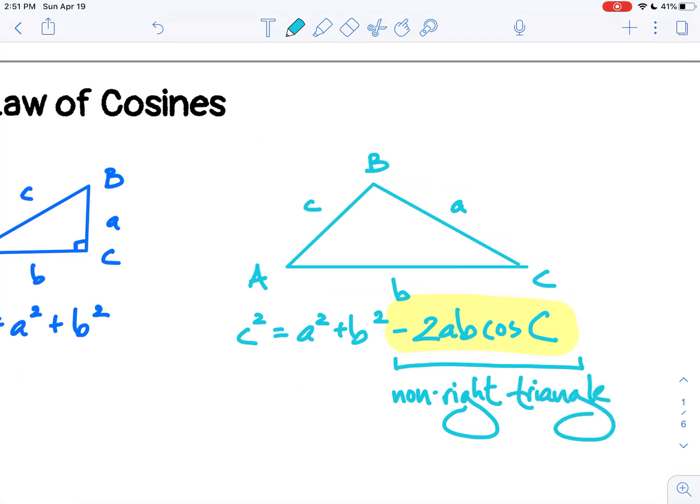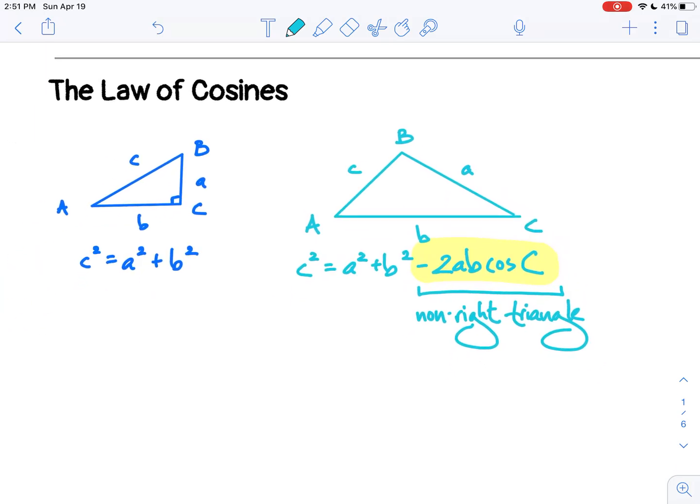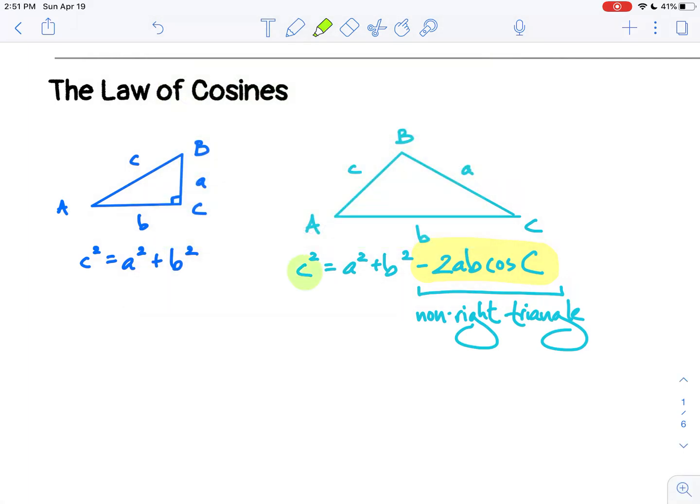Now, when you learn about the law of cosines in a textbook, they tend to give you three different versions of it, but they're really all just different variations of the same formula. So, for example, if I start here and I have the C on this side, then it's going to be angle C at the end. So it's almost like a sandwich. Whatever side you start with is the angle that you finish with.